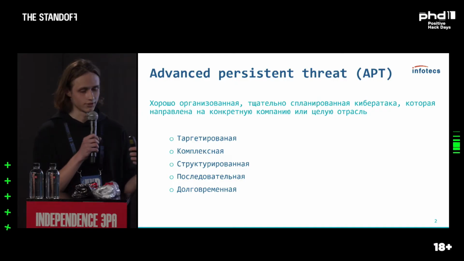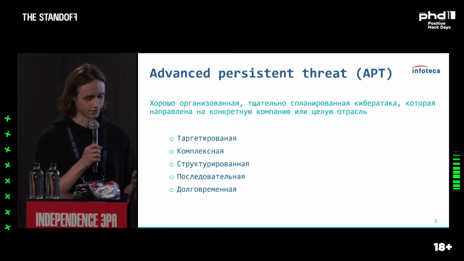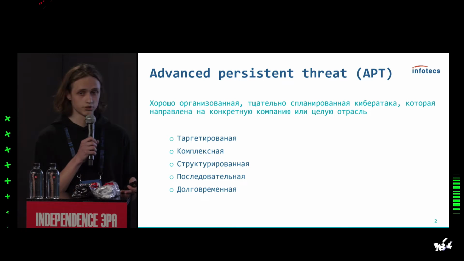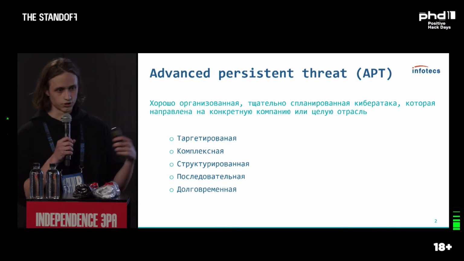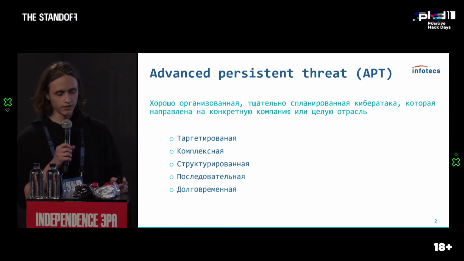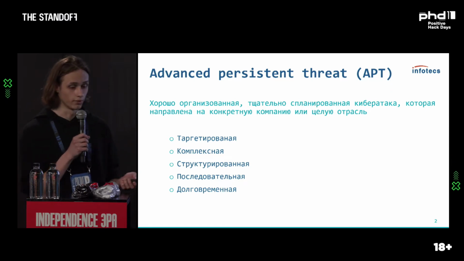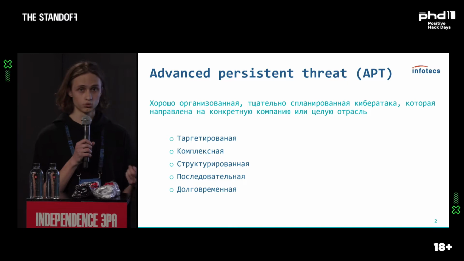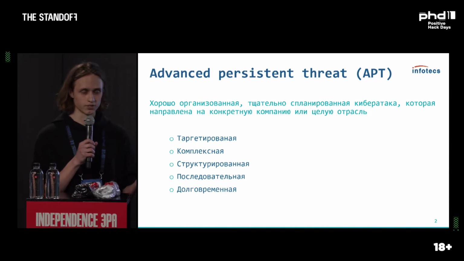Advanced persistent threats pose a lot of danger because they are carried out by an organized group of individuals to make an attack on a targeted organization. Attackers are using a wide set of tools, and their attacks are structured.